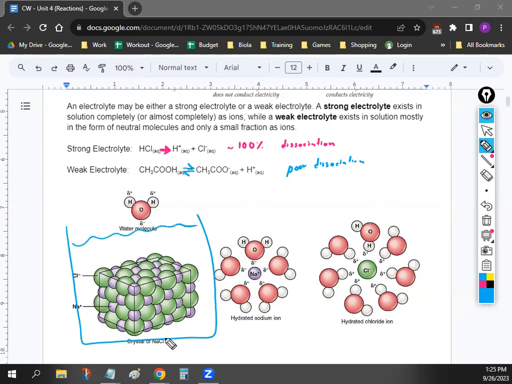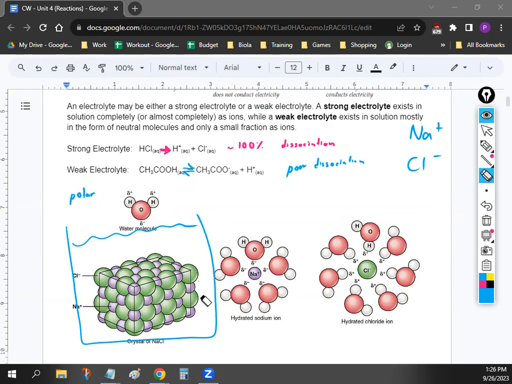Okay, now we know that sodium forms a positive ion, right? And chlorine forms a negative ion. Now when we take a look at water molecules, they're called polar molecules because one side of the molecule will tend to be slightly positive and one side will be slightly negative.